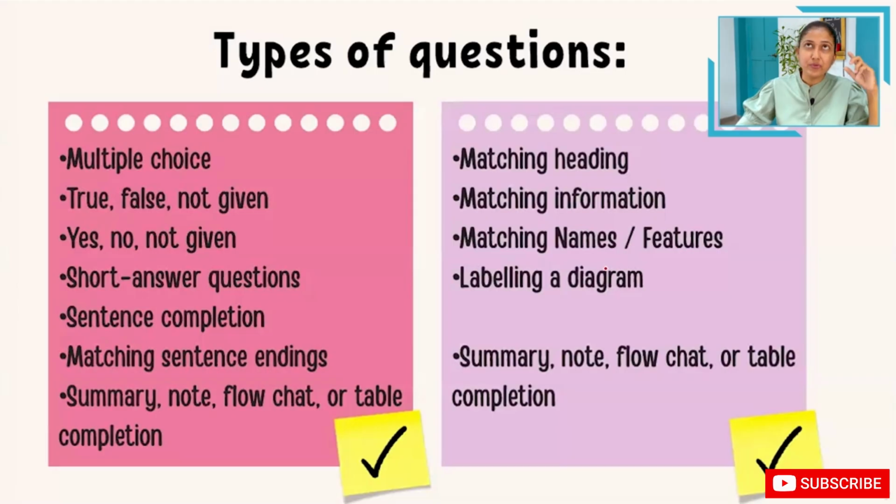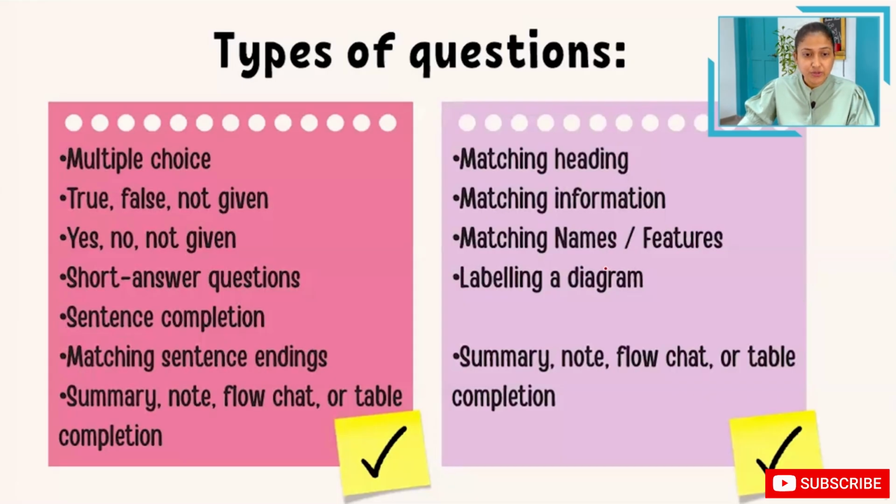Also, if you remember, I asked you 2 questions at that moment. The first question was, why have I divided them in 2 parts? Why are there certain types of questions written on this side and certain types on another side? Well, to help you recollect, let me show you that page once again.